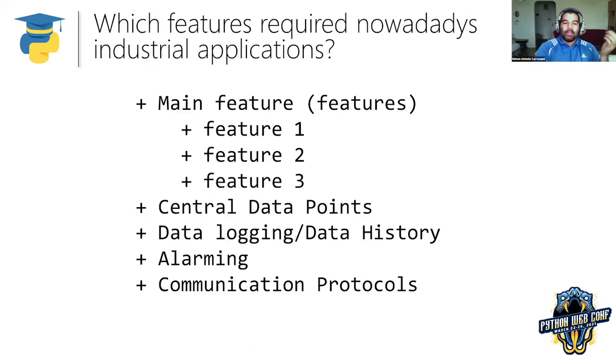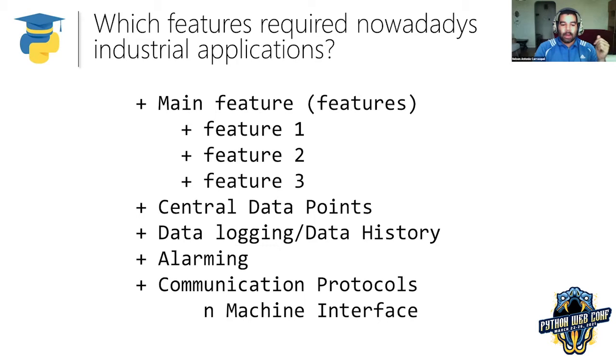So what are these features? Well, you have main features, which can be the combination of several features to meet a single purpose. You want to detect, diagnose, or predict something in your industry. Then you have common features, such as central data points, data logging, data history, perhaps alarming if a data point goes above or below any threshold.